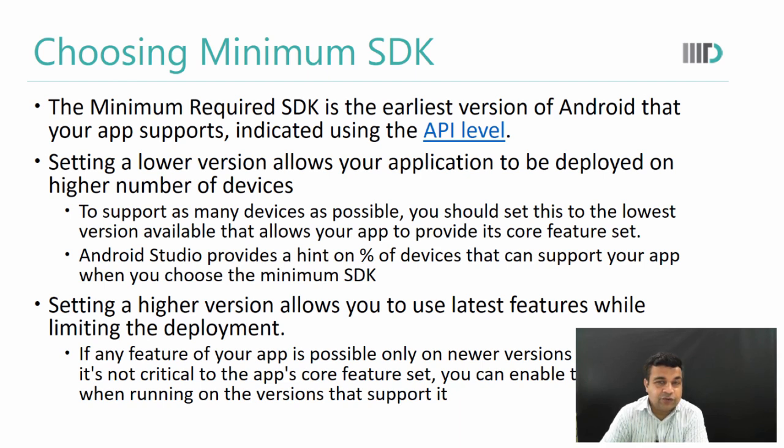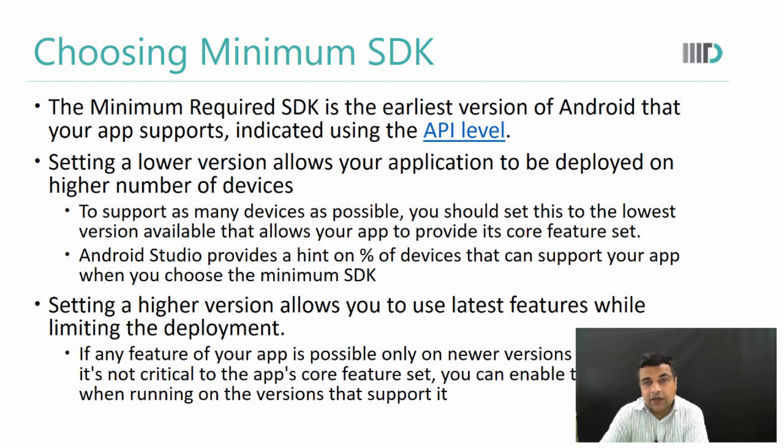You may try to choose different API levels just to check how the percentage of devices change. The lower you go, the higher percentage you will cover. However, if you choose a lower version, then you will not be able to use the features which are available in a higher version.